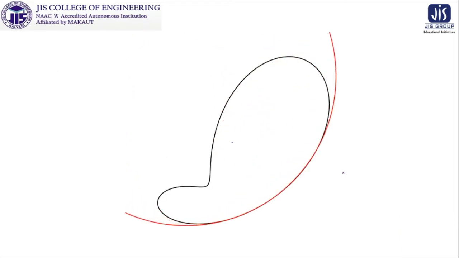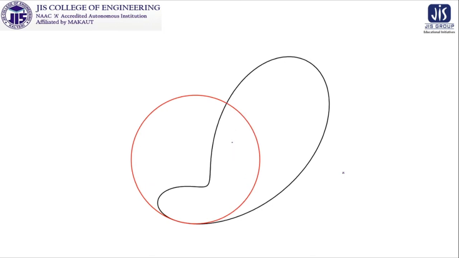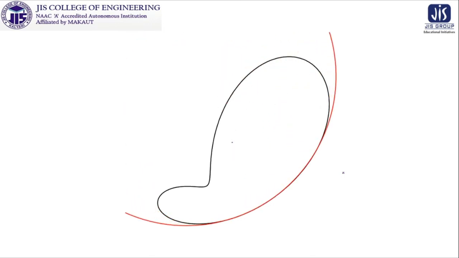Please look at the figure or the dynamic picture very closely. You have a curve in black color, which is fixed, and there is another red thing, always in circular shape, which is moving. The question is, on what basis is it moving?